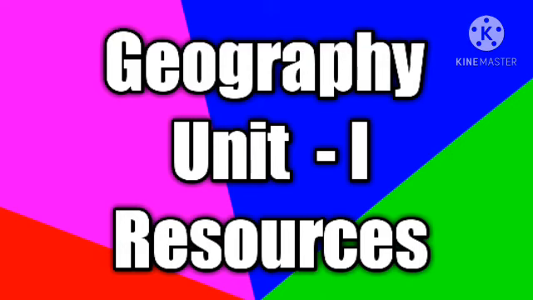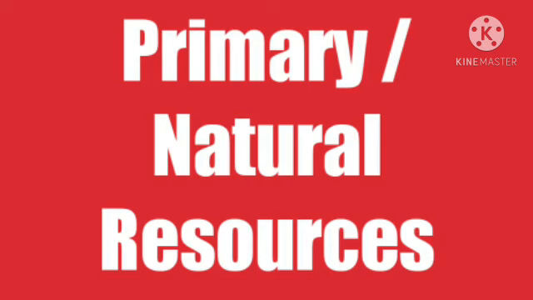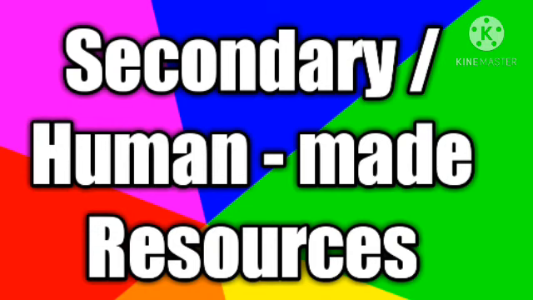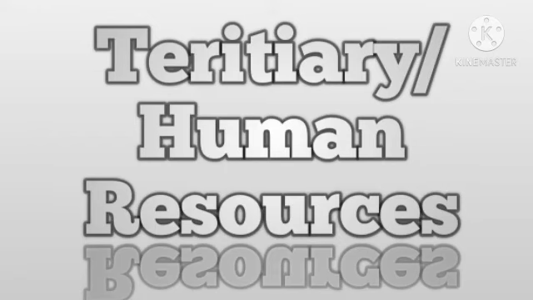Dear students, we have completed Geography Unit 1, Resources. In this lesson, we have learned about resources such as primary or natural resources, secondary or human-made resources, tertiary or human resources.